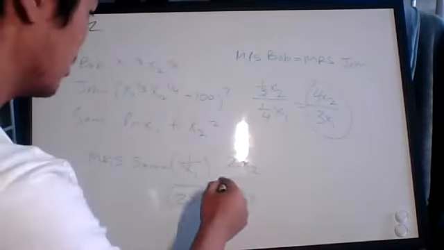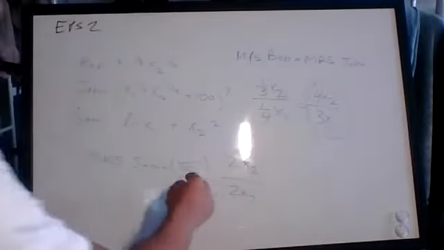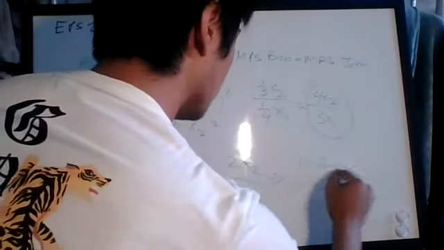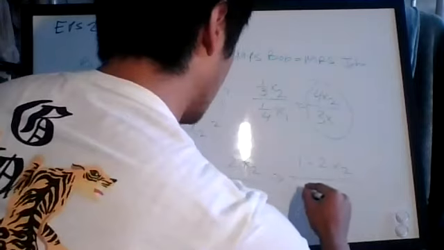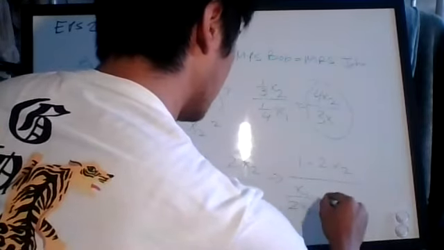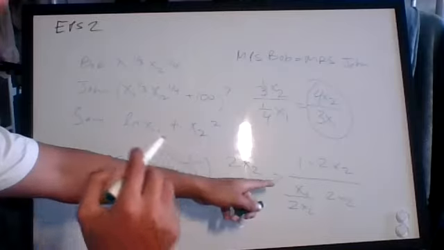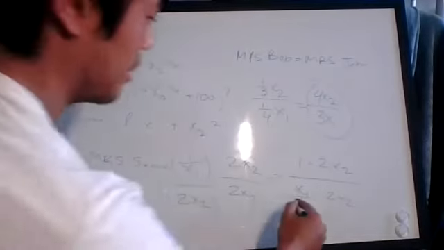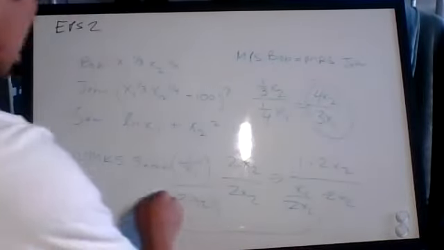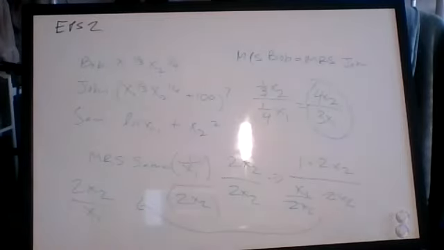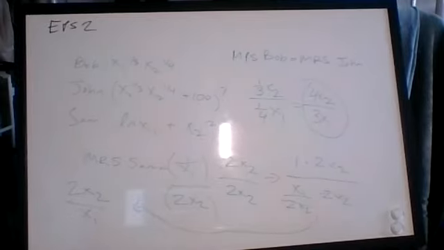And so when we rearrange this, you can think about this as being 1 times 2x2 divided by x1 over 2x2 times 2x2. The ordering is still the same, but it makes it easier to visualize why we're able to do what we just did. So now this is going to cancel with this, and we're going to be left with 2x2 over x1. Do you guys see that?